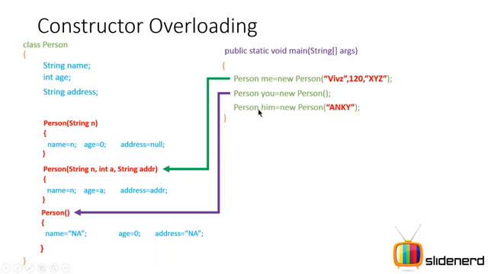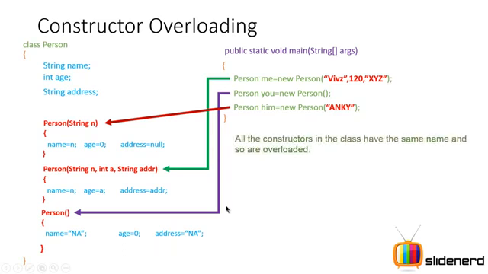Then if you say person him equals new person Anki, at this time Java is going to be like, okay, we need a constructor which has one string argument. Who is that? It is this constructor, and hence that will be executed. This is how constructor overloading works.